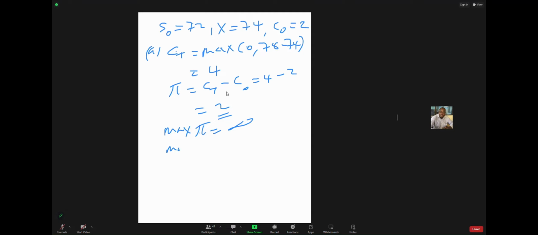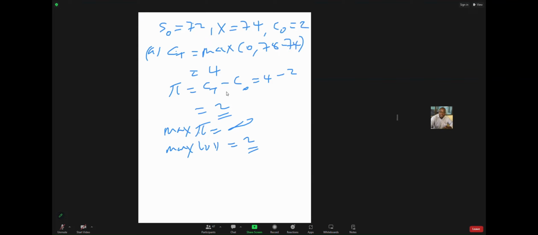And the maximum loss is the premium you pay, which is 2. That's the maximum loss you are likely to suffer. And that is how simple these things can be. We are just on payoff analysis for options.